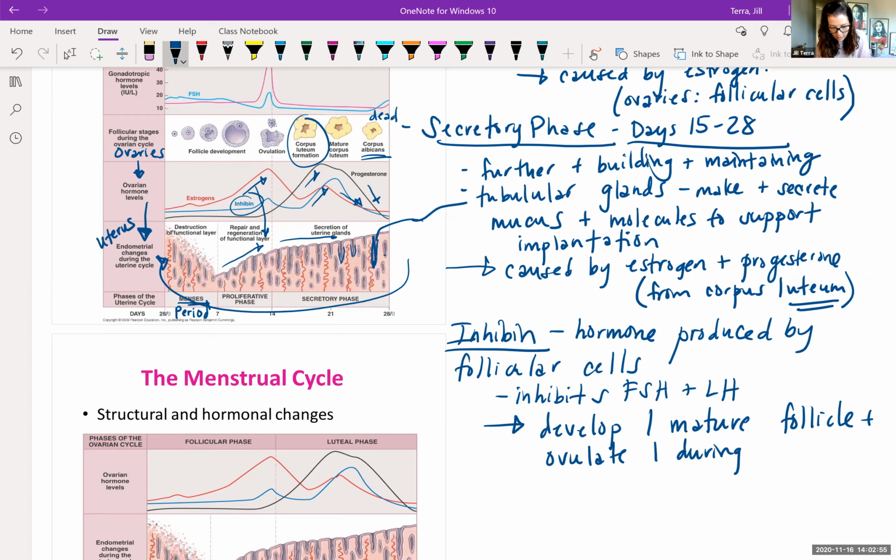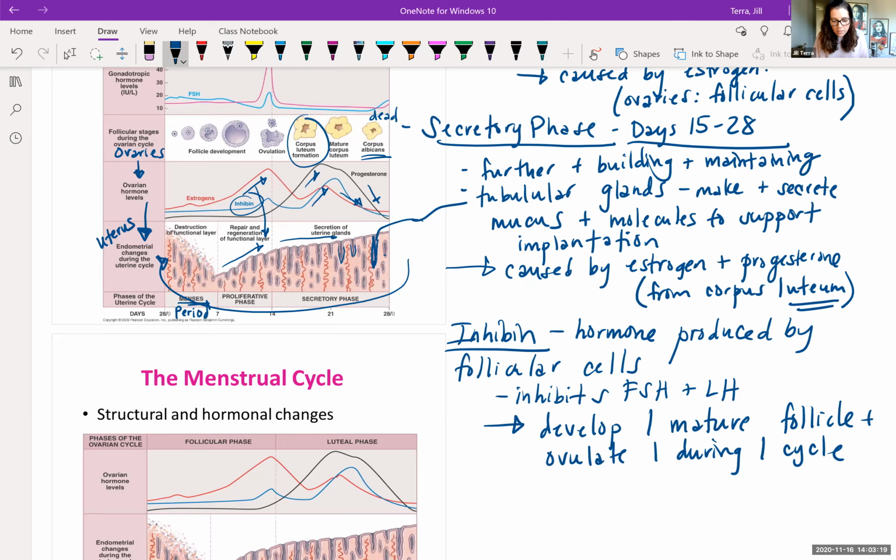During one cycle. We wouldn't want to have a whole stacking up of released oocytes stacked up on each other while the uterus already has an embryo there and is developing an embryo, right?